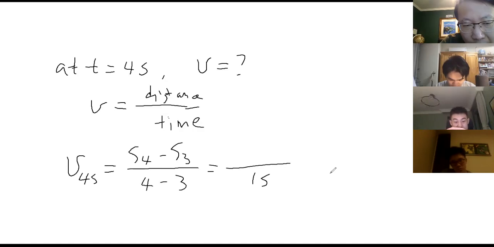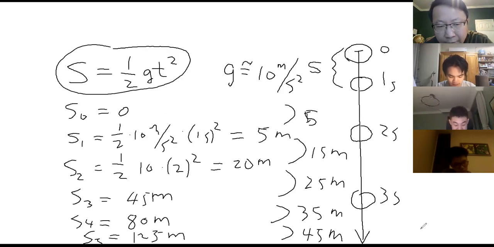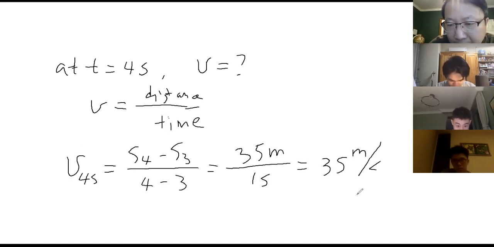So 4 minus 3 gives 35 meters, correct? So you are giving me 35 meters per second speed at roughly 4 seconds, right? Correct?